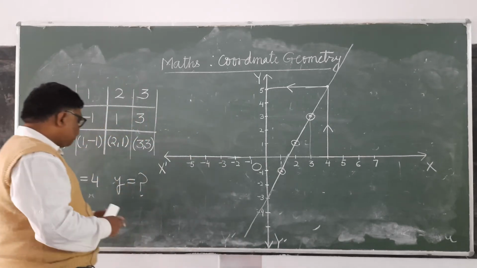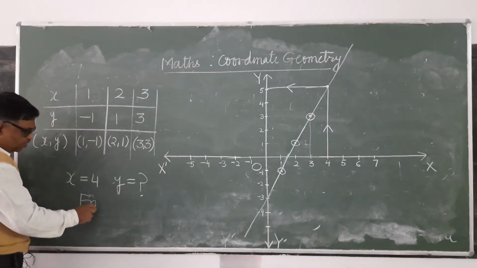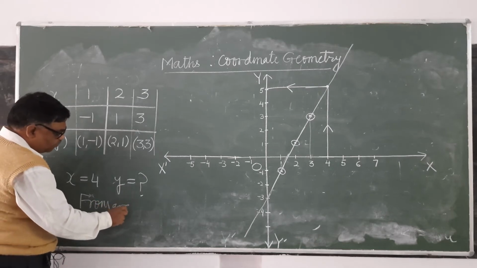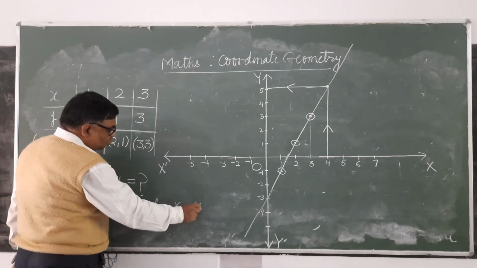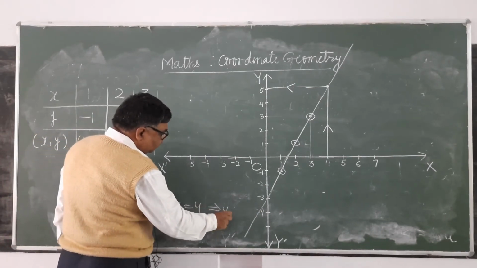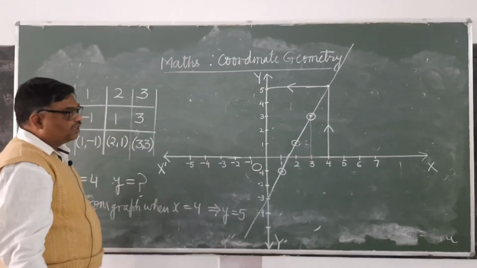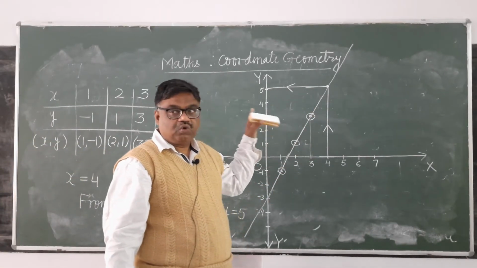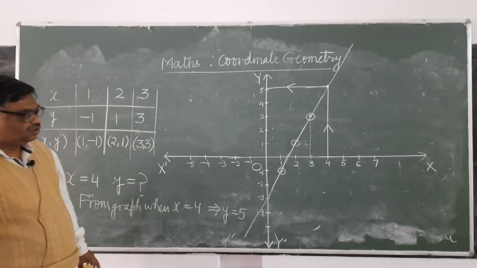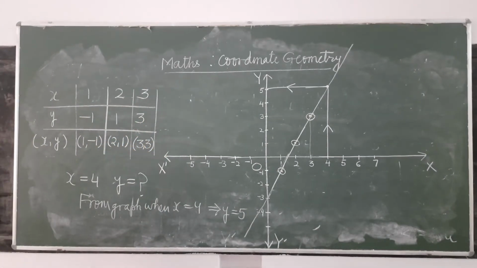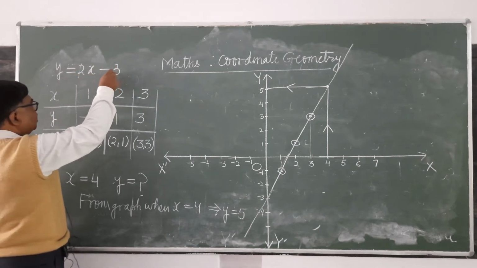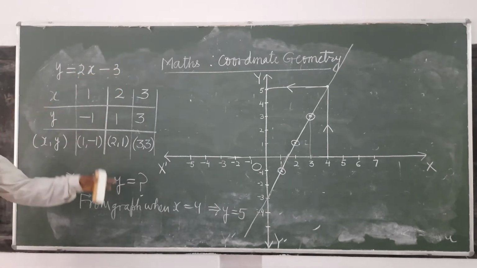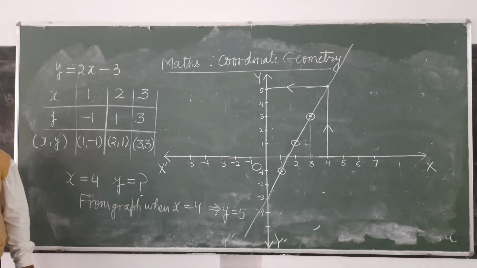So see here, from the graph, when x equals 4, y equals 5. Is it clear? And you must show the arrows. And if you check it, because the equation was y equals 2x minus 3, if you check it from this equation, you will get the same answer.